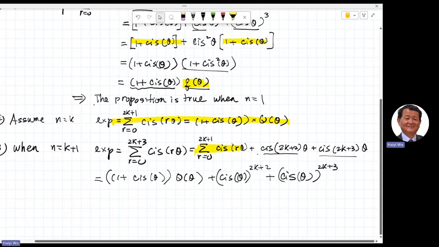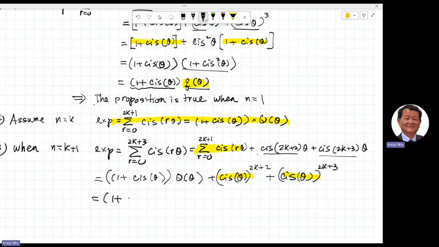So we can see there's a common factor between those two. I'm taking cis theta to the power of 2k plus 2 out, which becomes 1 plus cis theta.